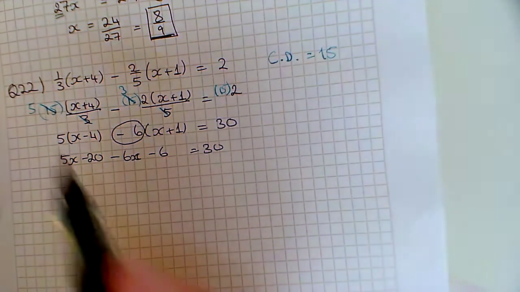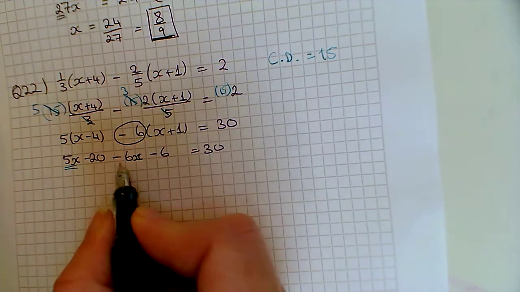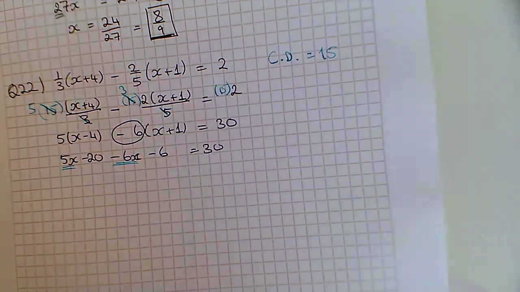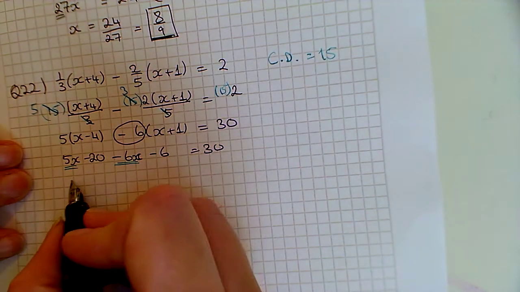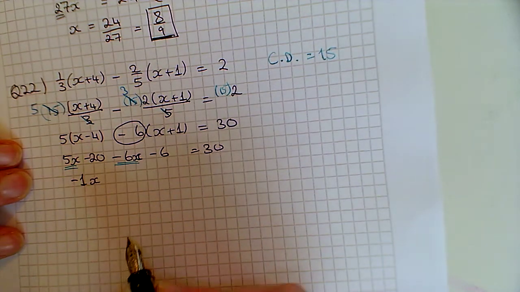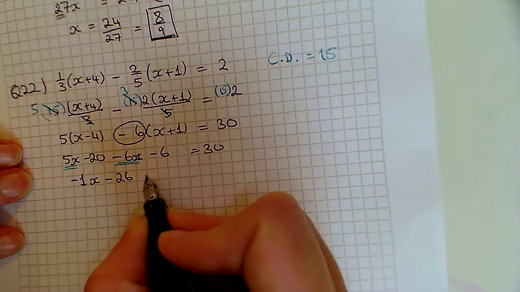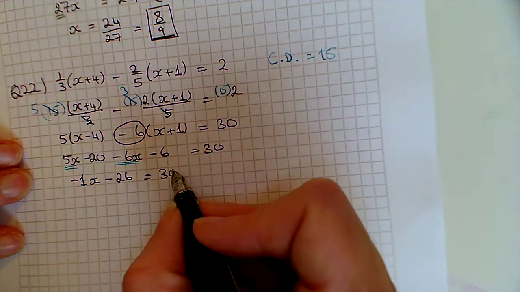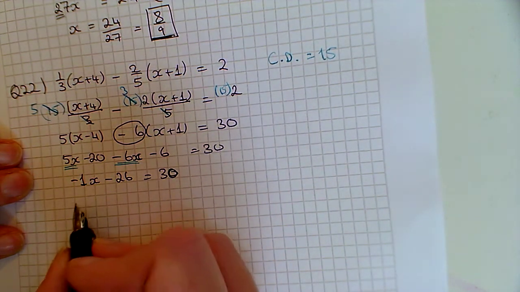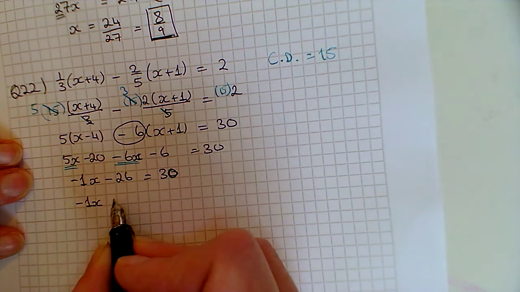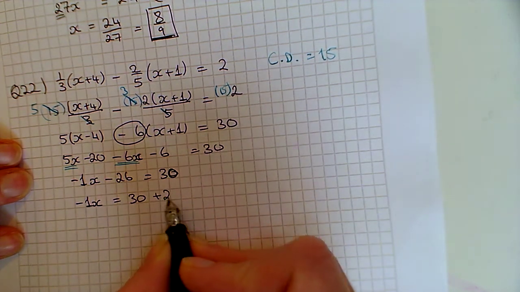We will add the like terms and then do letters left, numbers right. So 5 takes 6 is minus 1, minus 1x, 20 minus 6 is 14, equal to 30. And this becomes minus 1x, stays where it is, equals 30 minus 14.